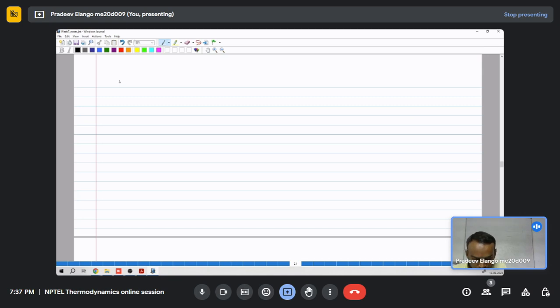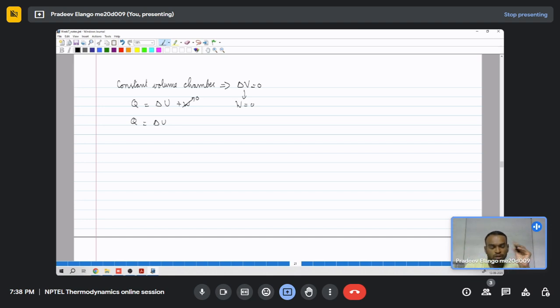When we have a constant volume chamber, I can write delta U plus W, because delta V is 0 and there is no work transfer. So everything happens at constant volume, and I only add heat or take away heat. So for this I am worried only about the internal energy.